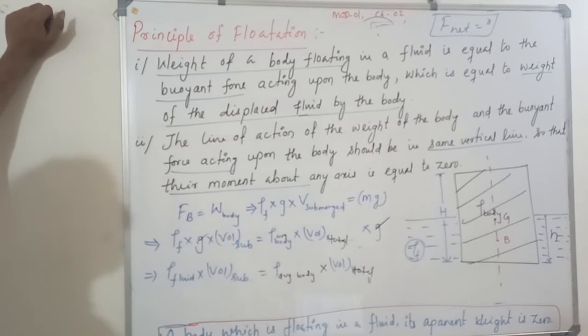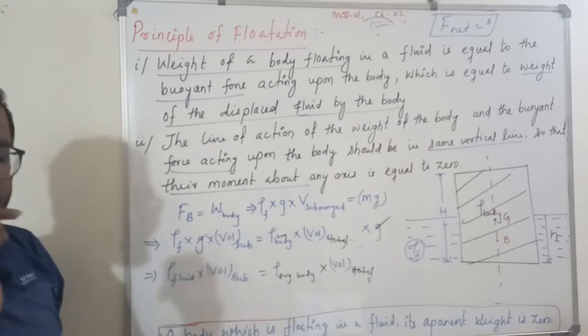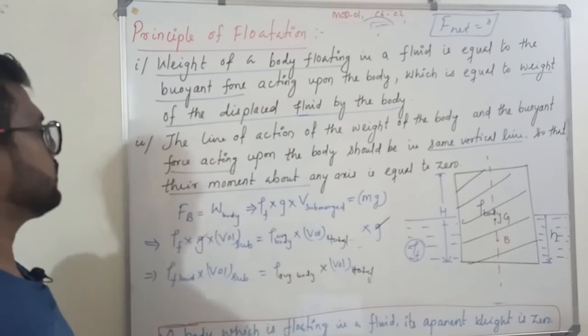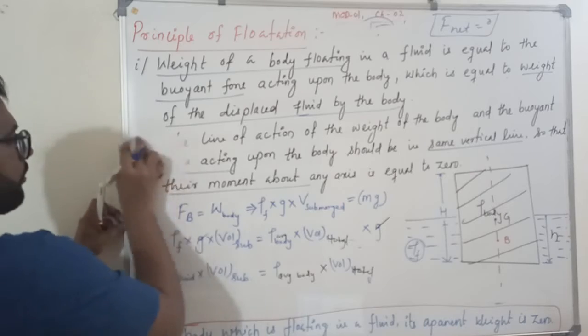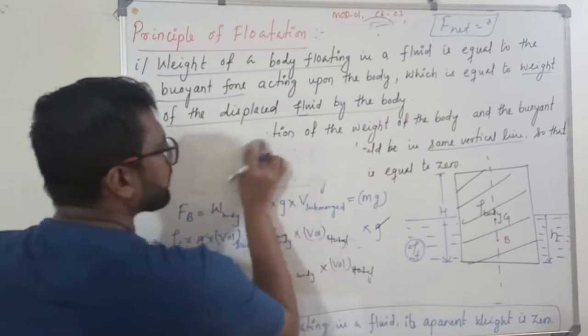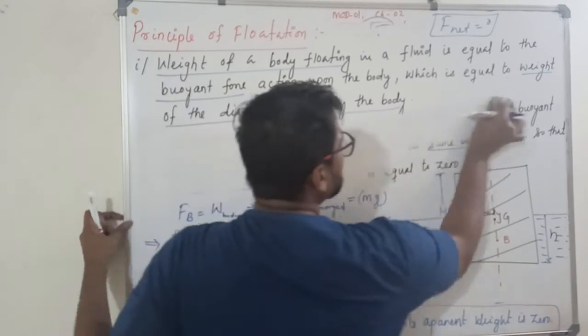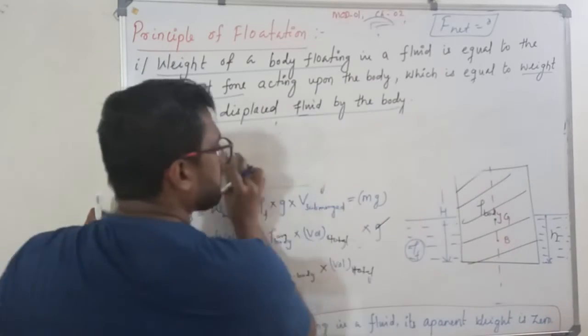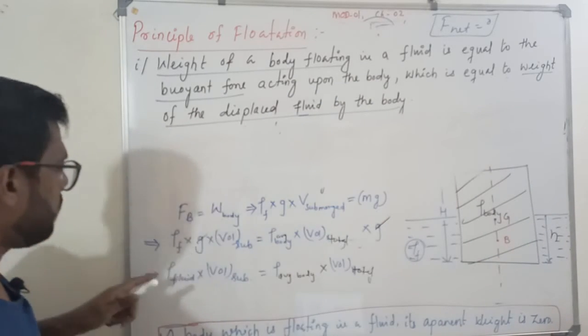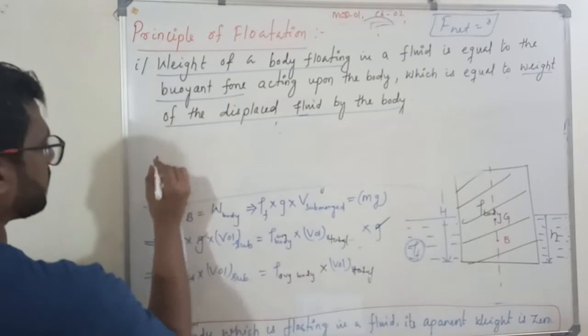What are you trying to find out, sir? I am trying to find out a very fantastic concept. I am erasing the second time. Okay, so this only I am continuing here.